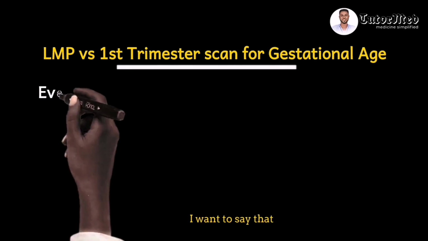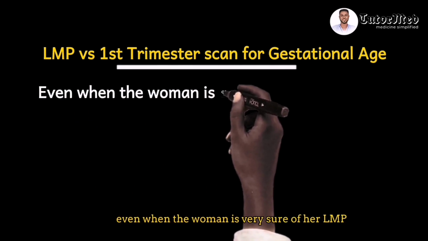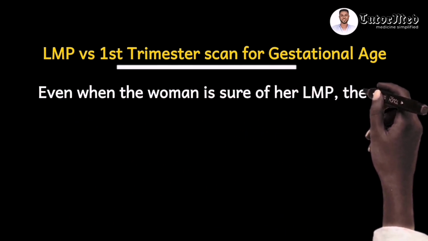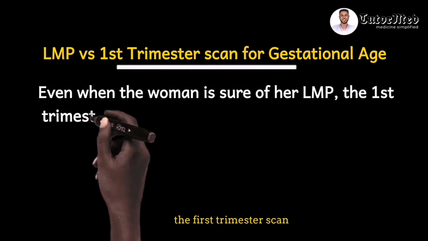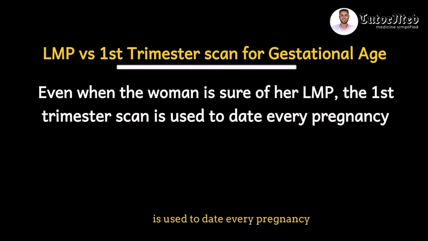I want to say that even when the woman is very sure of her LMP, the first trimester scan is used to date every pregnancy. Most women may not be sure, but even those who are educated and are so sure of their LMP, if they have the first trimester obstetric scan, we use that to date every pregnancy.